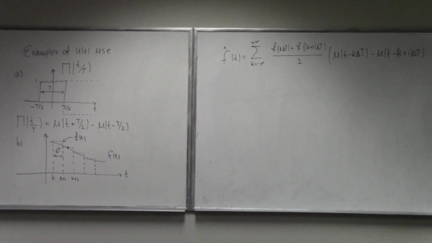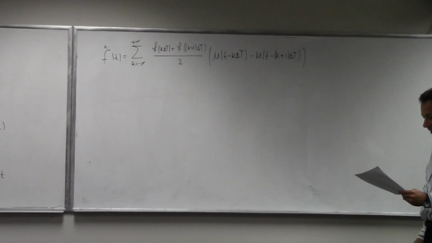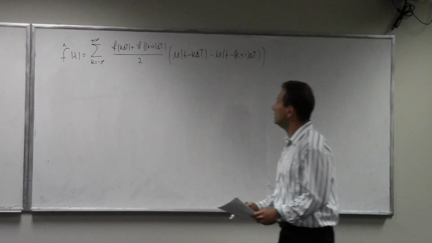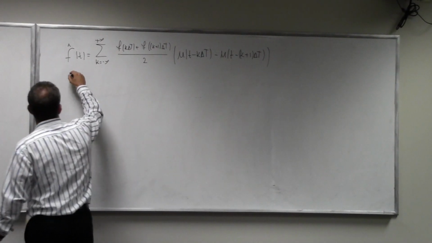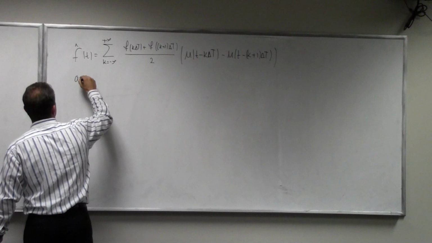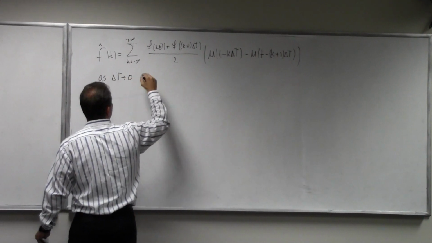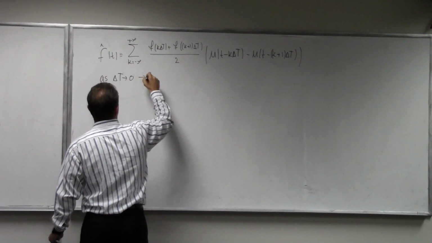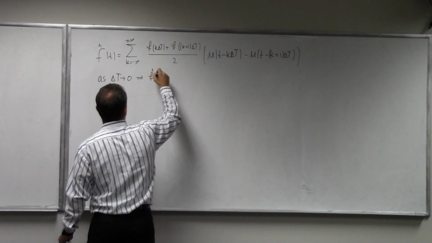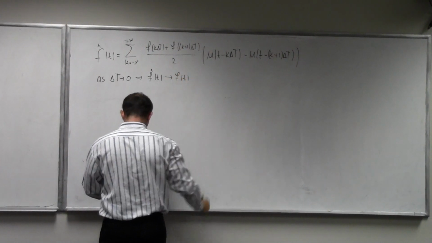So that's one way I can approximate the function. And as delta t goes to 0, you can see that f hat(t) becomes closer to f(t).